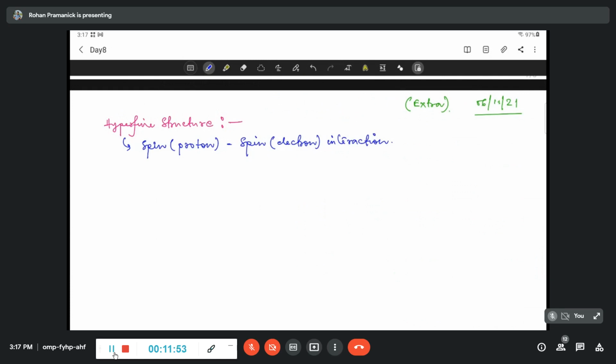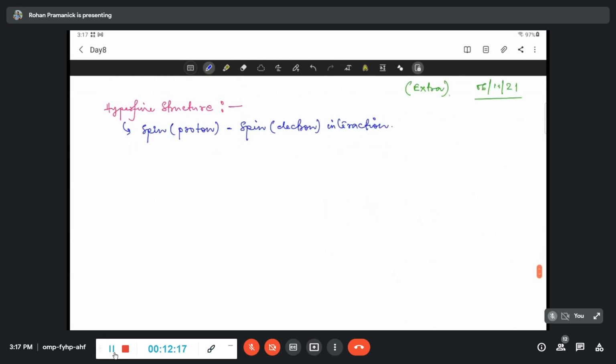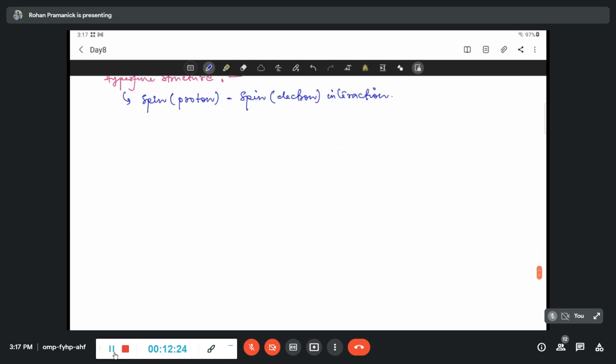You can think of this spin, though of course this is not strictly true, as some kind of dipole which is rotating, and you know that a rotating dipole causes a magnetic field. So they have an interaction, and this is known as the hyperfine structure, which is an even smaller perturbation compared to fine structure. So the process is similar.